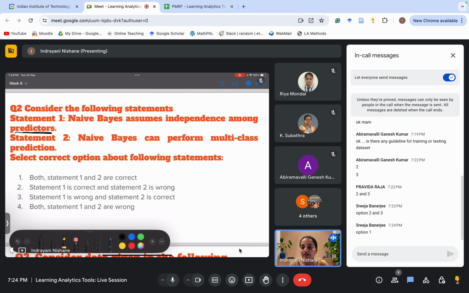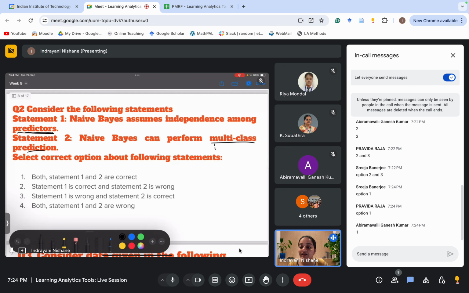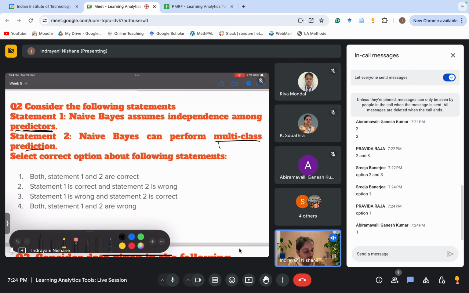Then statement 2 is naive Bayes can perform multi-class prediction. Multi-class prediction is considering multiple conditions. So both of the statements are true. Statement A is true, and statement B is also true for the naive Bayes classifier.